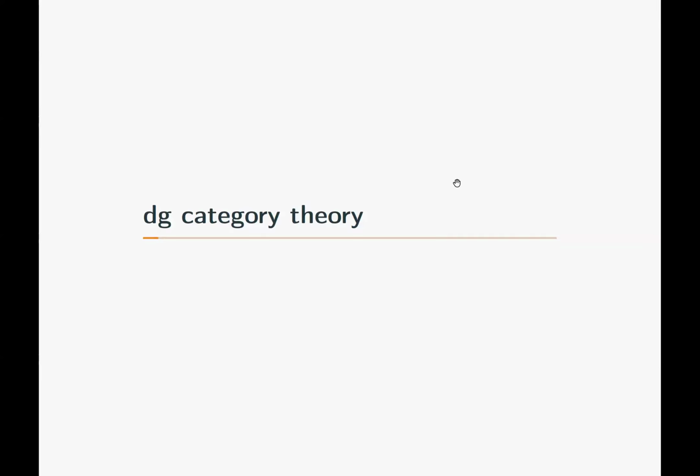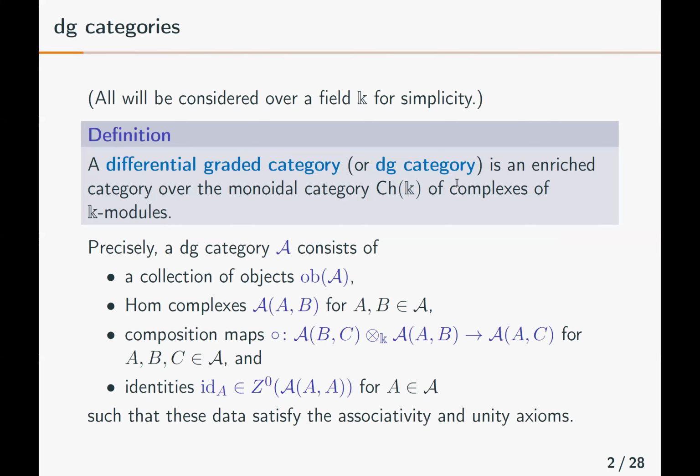So let me begin by recalling the DG categories. Throughout the talk, everything is over a fixed base field K for simplicity.